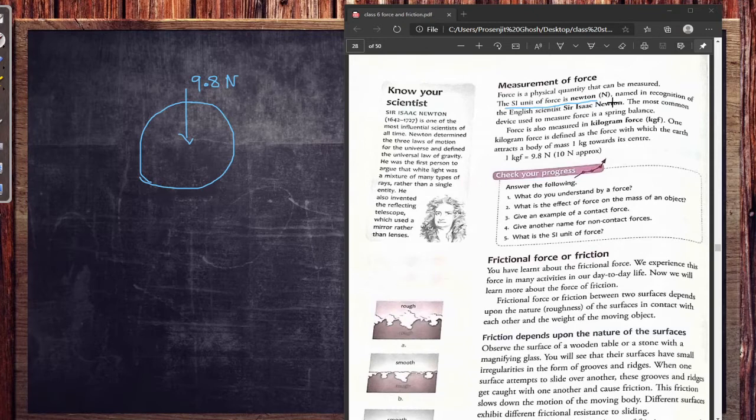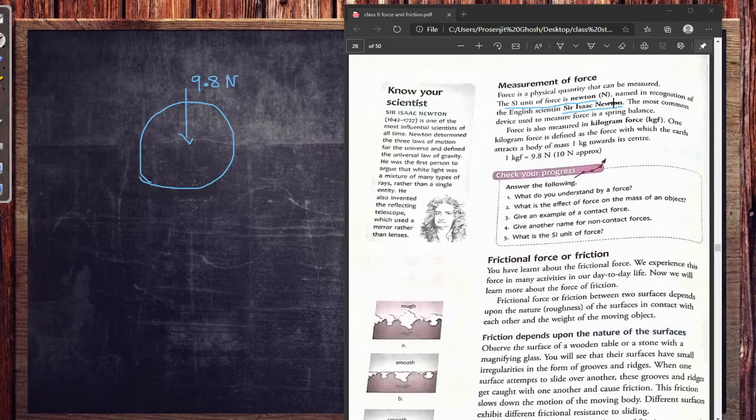So from whose name is it coming? It is coming from Sir Isaac Newton's name. He actually discovered the force, the idea behind gravitation and lots of things. And in his name, we say the SI unit of force is N or Newton.